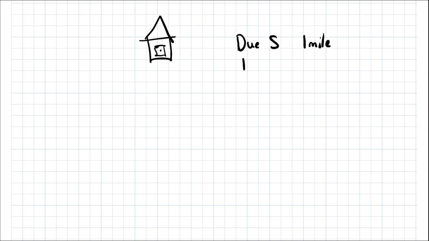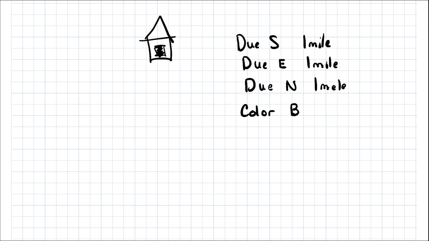So you turn and you walk due east 1 mile. You see a bear and you shoot, but you're a poor shot and you miss. That angers the bear, and the bear chases you due north 1 mile to where you close your cabin door and you're safe. The question I have first is, what was the color of the bear?